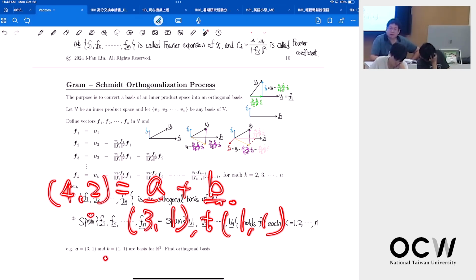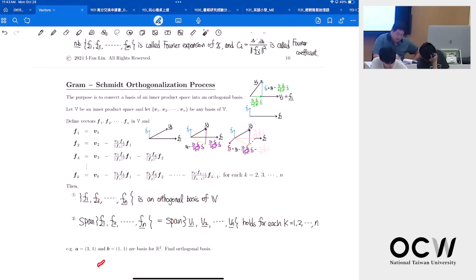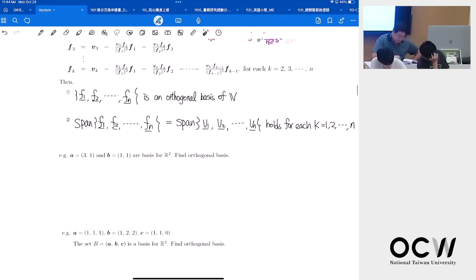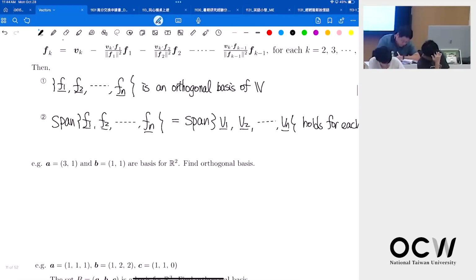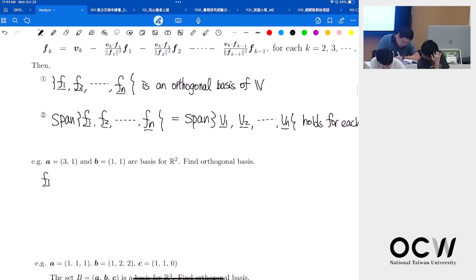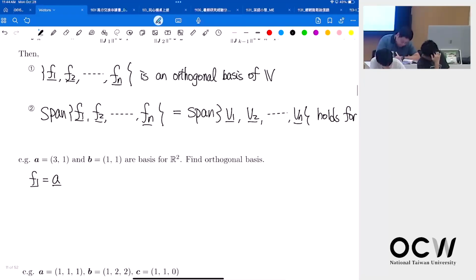I want to find the orthogonal basis. Then how do we find that? In the beginning, we will choose one of our original vectors as a base. So we say F1 is the vector A, which is (3, 1).